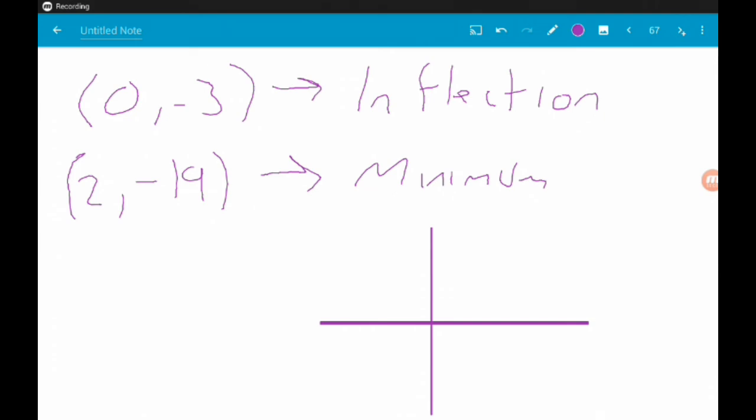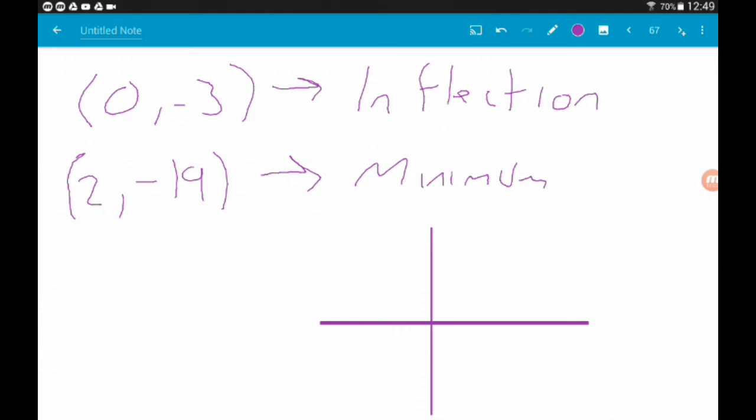Okay, so let's have a look then at how this helps us sketch the graph. So we're not going to be putting in the x-intercepts, only the coordinates of the stationary point and the y-intercept, which actually turns out to be at a stationary point, 0, minus 3.